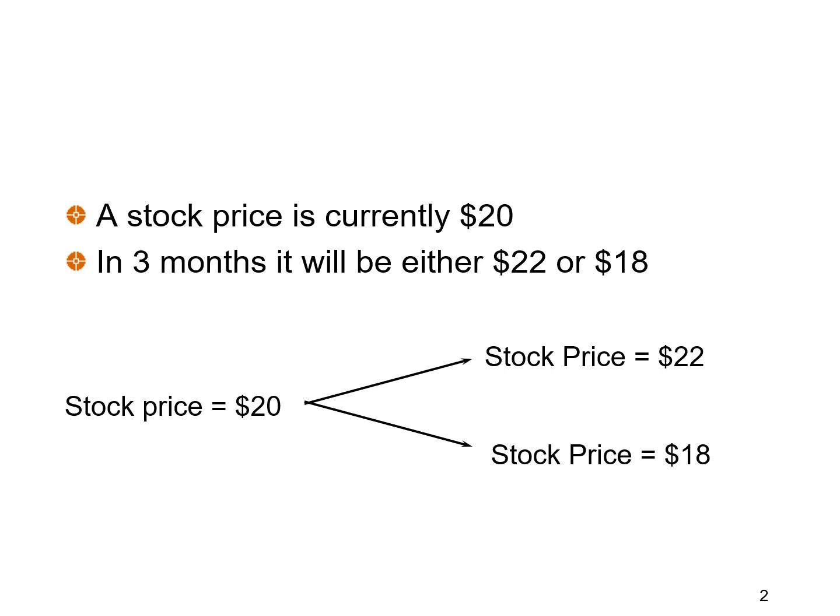So let's start with a simple example of a stock which is currently selling in the market for $20. Based on your own analysis or guesswork, in 3 months you predict that it will either be $22, in which case it goes up from its current price of $20, or it goes down to $18, because stock prices always fluctuate over a period of time.